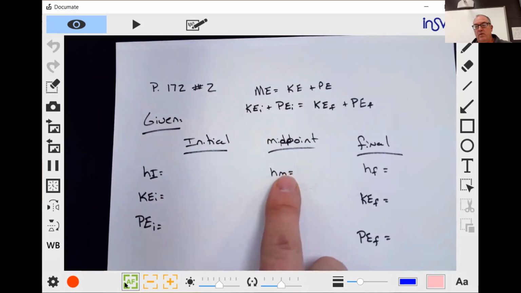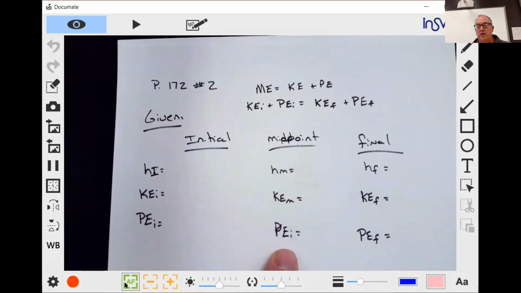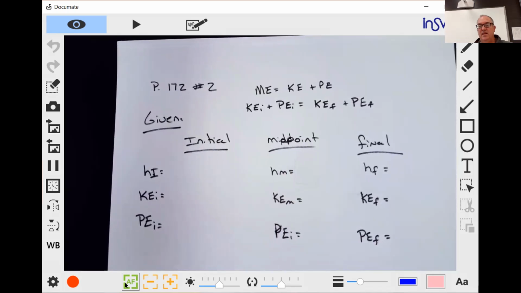We can do the problem at the midpoint is what they want to know, and they equal the final of each one of these. And we're going to break this problem up and do it from this point to this point, and then from this point to this point to get all the answers that we're looking for. So why don't you pause the video, see if you can get the given set up, and we'll move on from there.